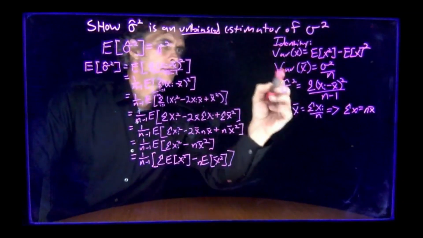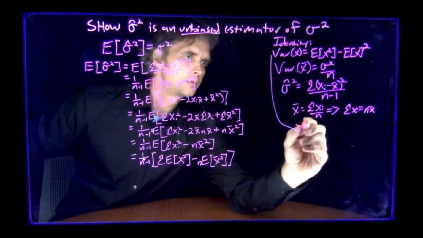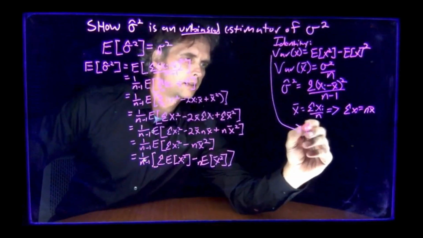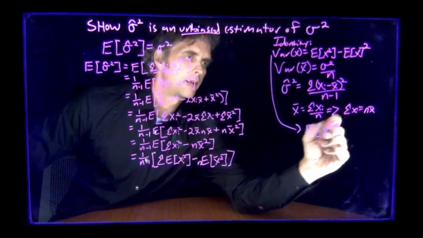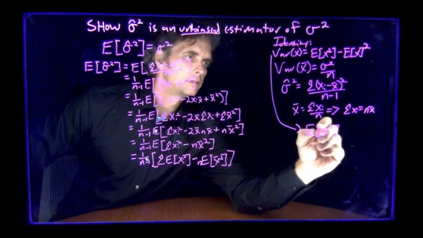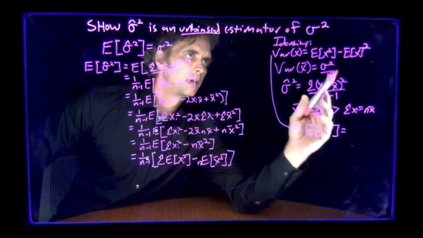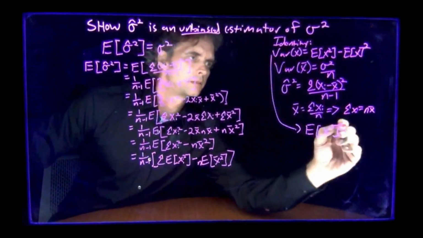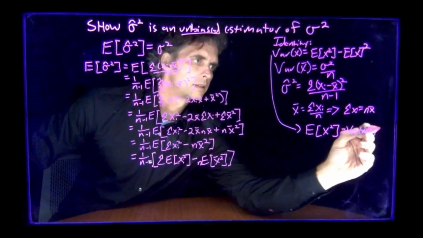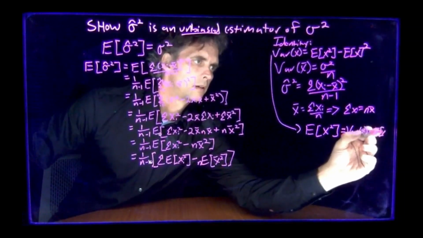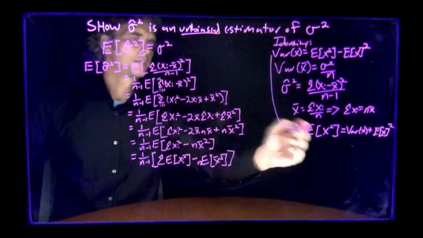So I'm going to use this one and write something down here. If that is true, then we can remake that as the expected value of x squared, whatever that x is representing, is equal to the variance of x plus the expected value of x squared.